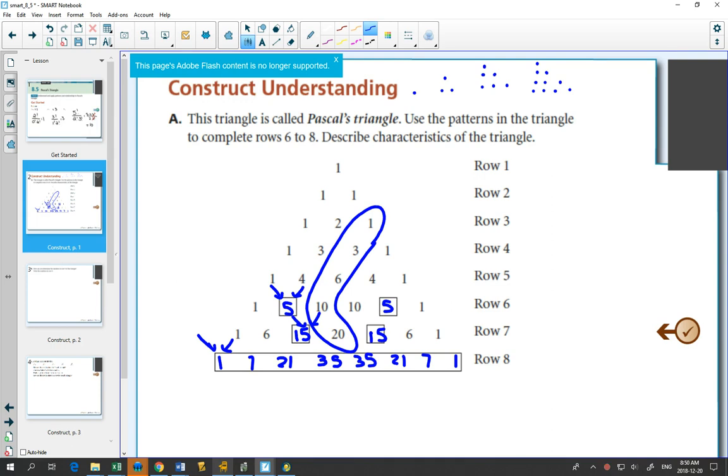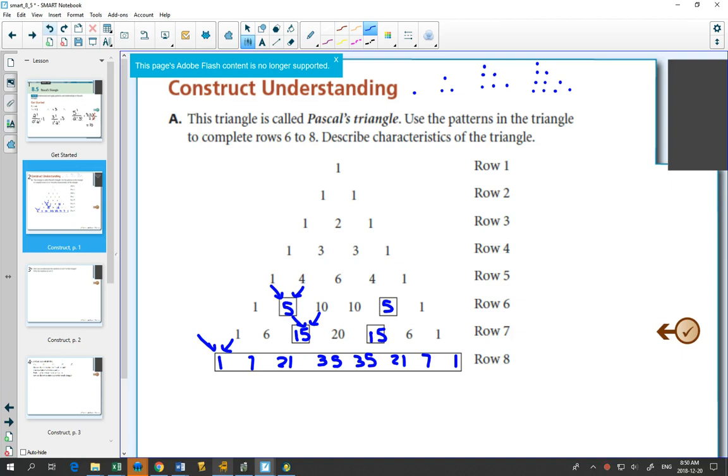And that works for any number. If you would go 1 plus 3 plus 6 plus 10 plus 15, you'd get 35. That's pretty weird.